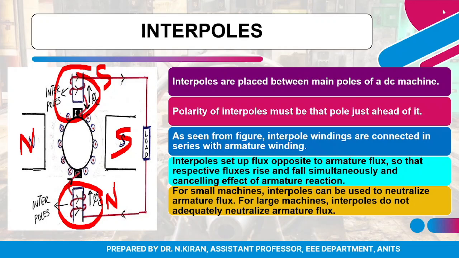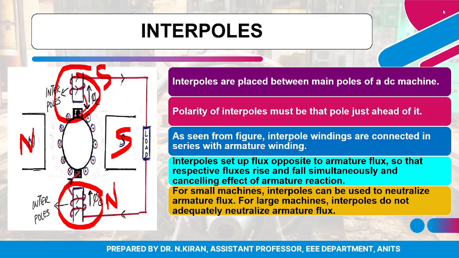As I told you, the interpole winding is connected in series with the armature winding. This is because the interpole will set up a flux in such a way as to oppose the armature flux. Both will fall and rise simultaneously, cancelling the effect of armature reaction.